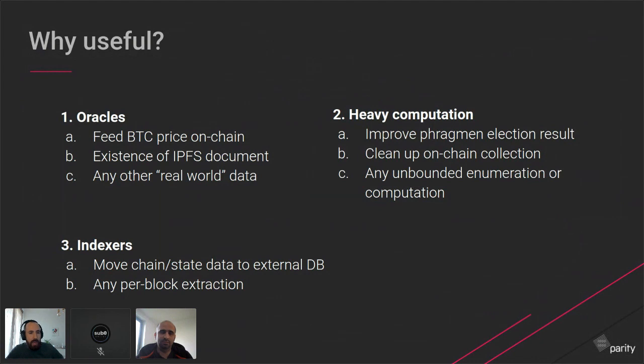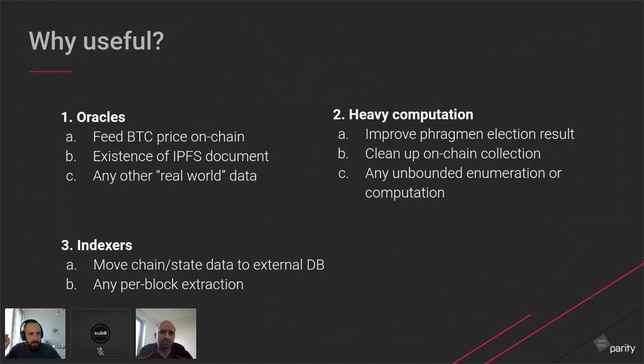Secondly, any heavy computation. This is not something that you want to do during block imports, because this is something that everyone in your network will have to do, and it's super wasteful to do any very difficult computations there. So some stuff can be offloaded and run off-chain.